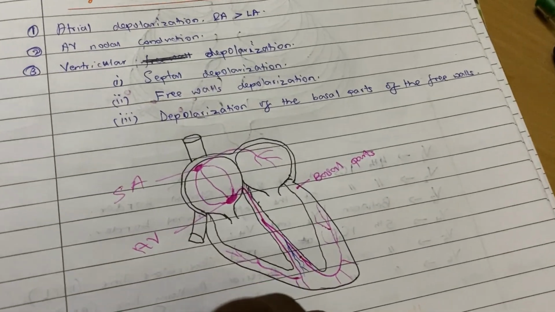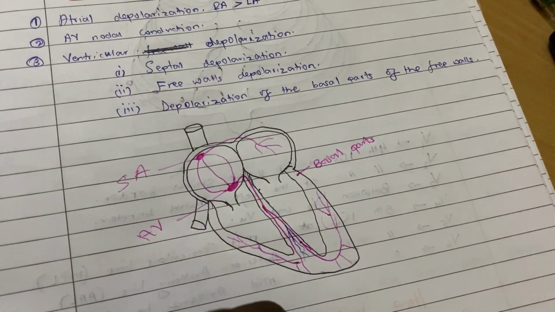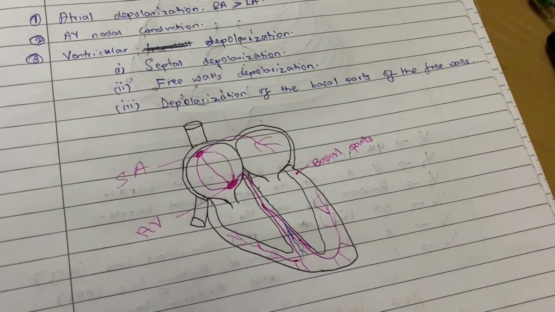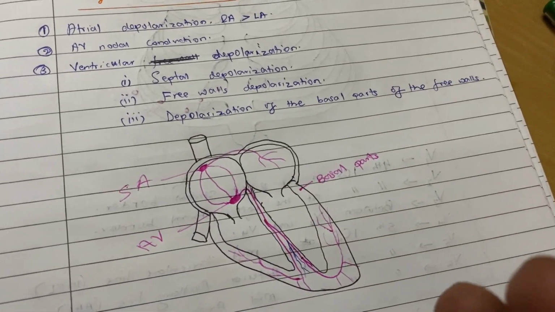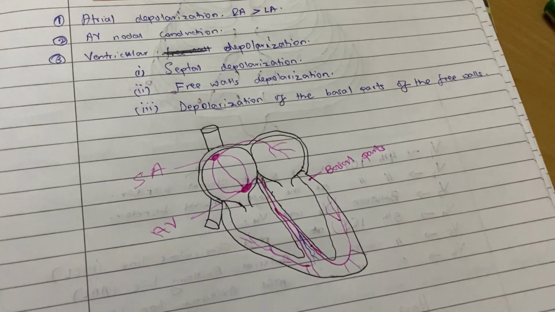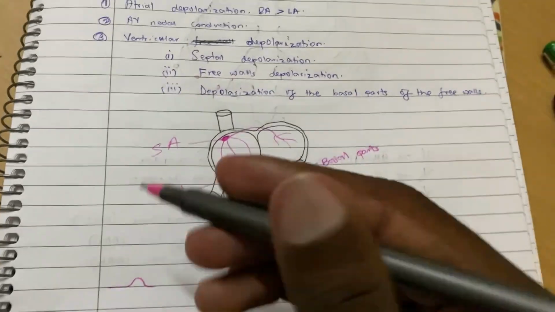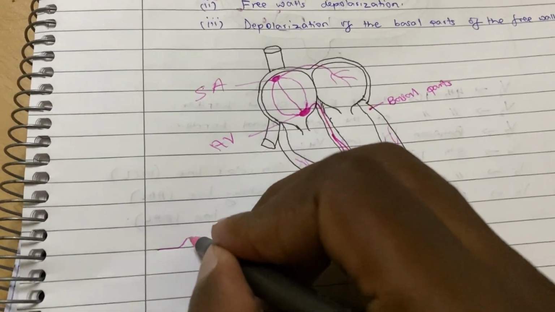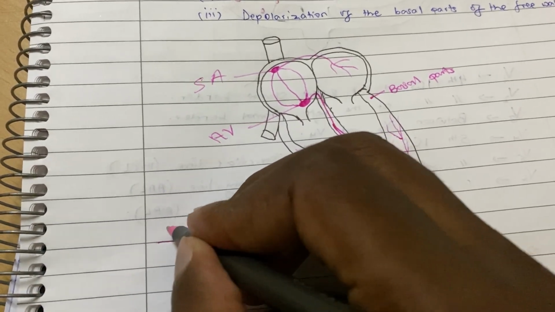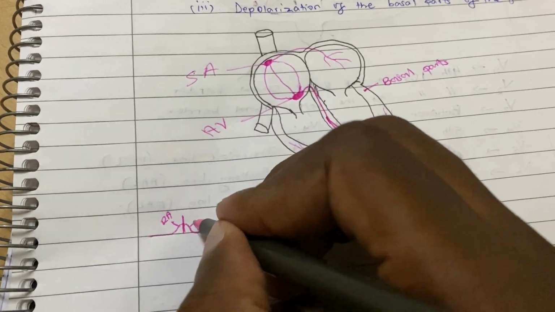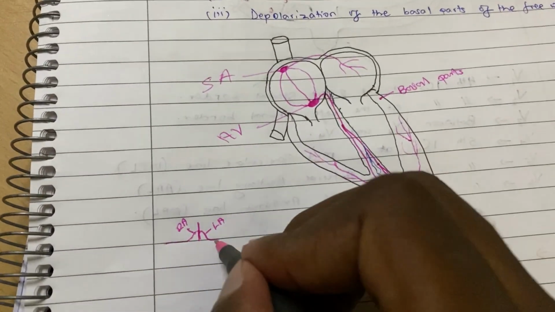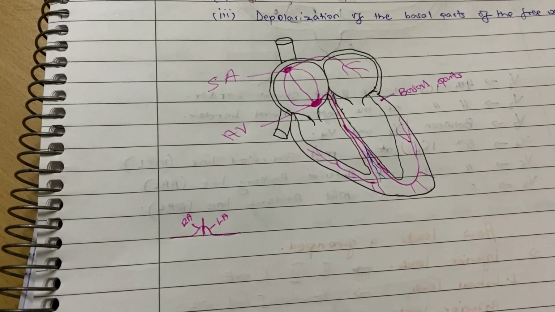So on the ECG, the P wave indicates atrial depolarization. But since the right atrium depolarizes before the LA, the first part is for the right atrium, and then the next part is for the left atrium. That is for the P wave.